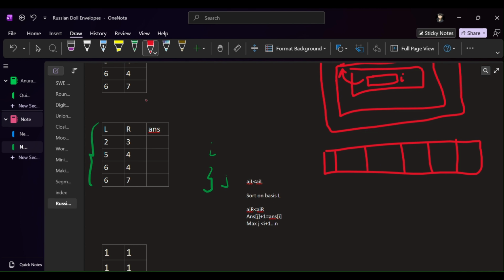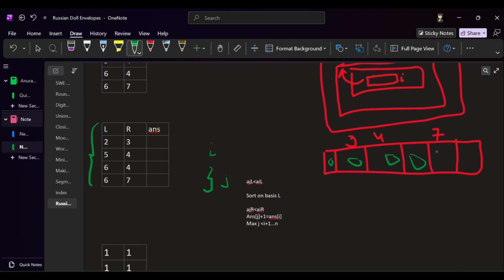For this problem, let's consider all the R values which are in our sample test, and for now assume that all other values are already present. So we have 3, 4, and 7. Initially these values are going to be 0, so individually each envelope is present.